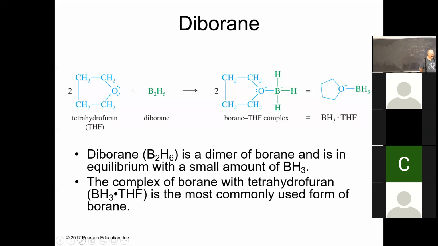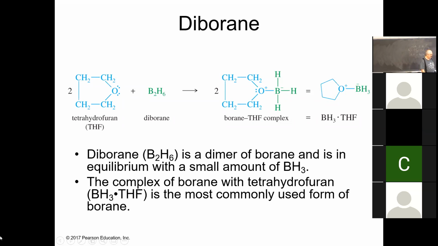Diborane is not used as much anymore. It's a gas, and so it's more difficult to measure out. Also, if diborane comes in contact with oxygen in the air, it will spontaneously ignite. So it's dangerous as well.